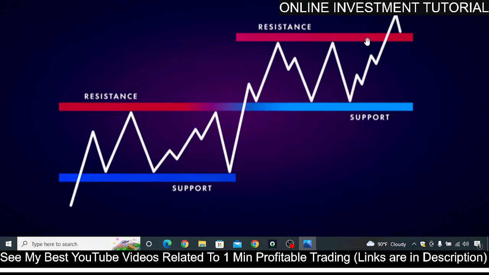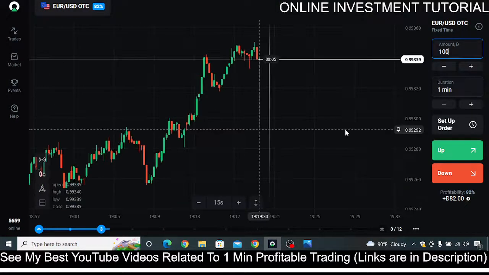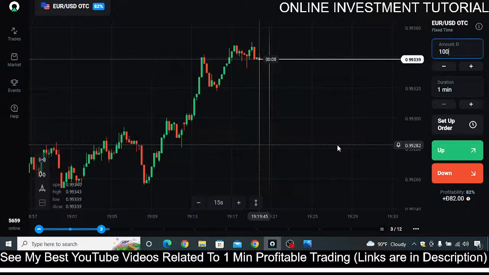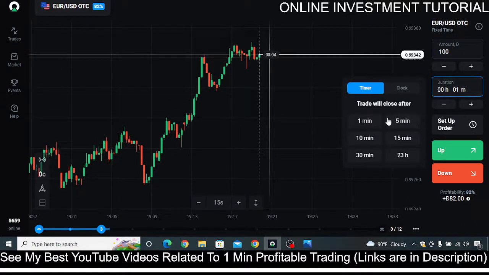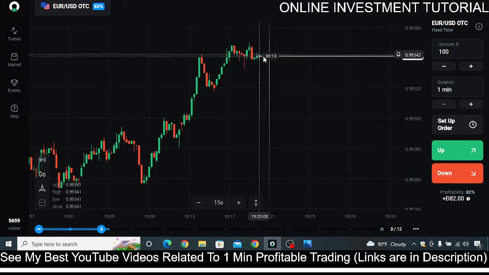So now let's look at support and resistance in the real market, and for this I am going to use a platform called Olymp, and this is a chart of fixed time trading. If you don't know what fixed time trading is, it is a type of trading where you select the duration, from 1 minute, 5 minutes, 10 minutes, whatever you select, and within that time you need to tell where the market will go, either up or down.